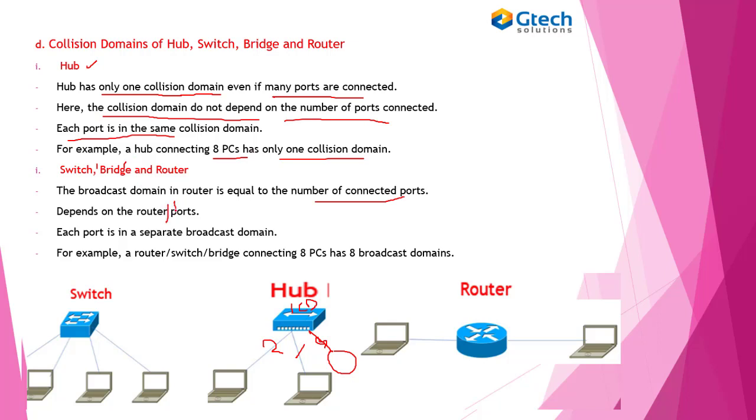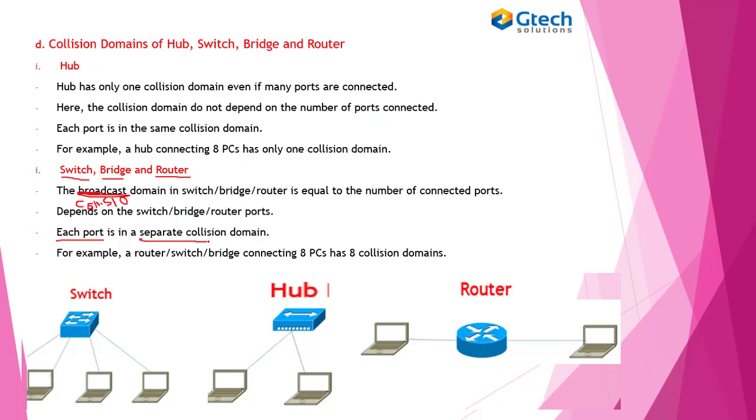You can understand that and include it later. Each port is a separate collision domain. For example, a router or a switch or a bridge connecting 8 PCs has 8 collision domains.